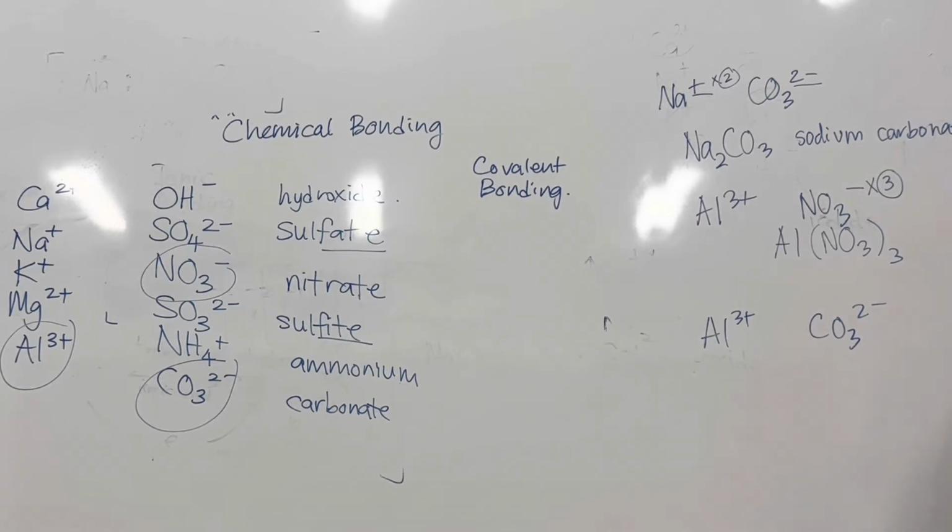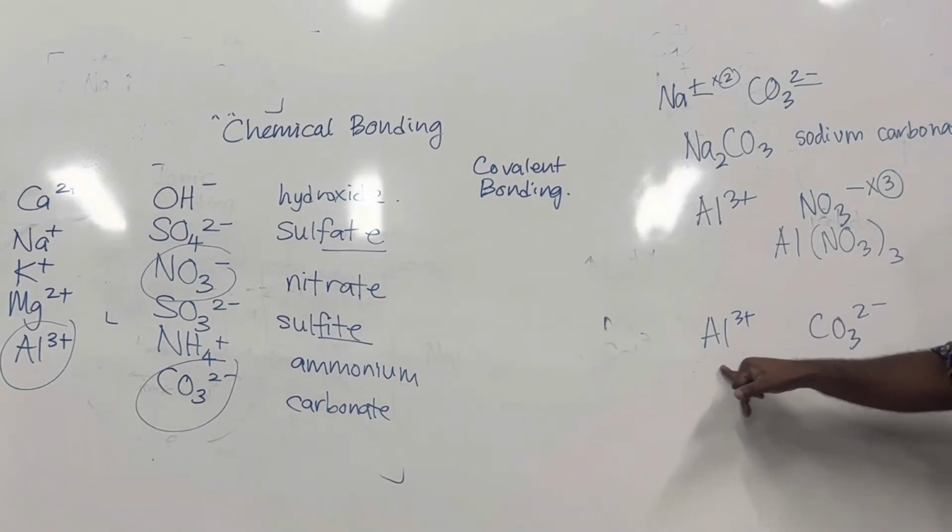Again, the nitrogen. Al, you look at the periodic table. Al is one element. Nitrogen is one element from the periodic table. Oxygen is one element from the periodic table. This one is one element, Al.